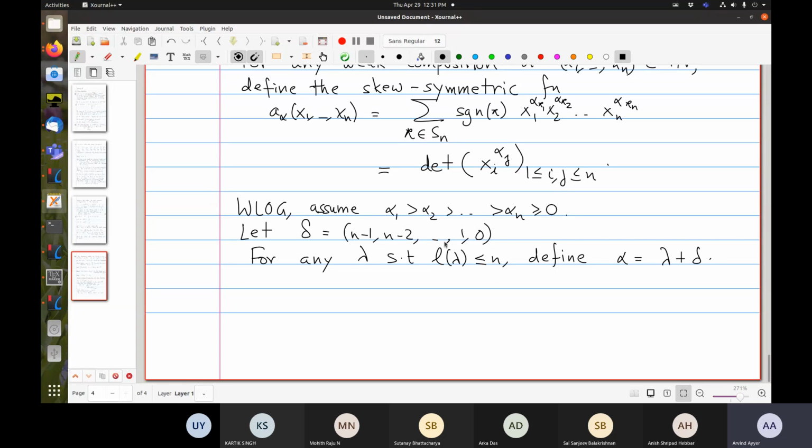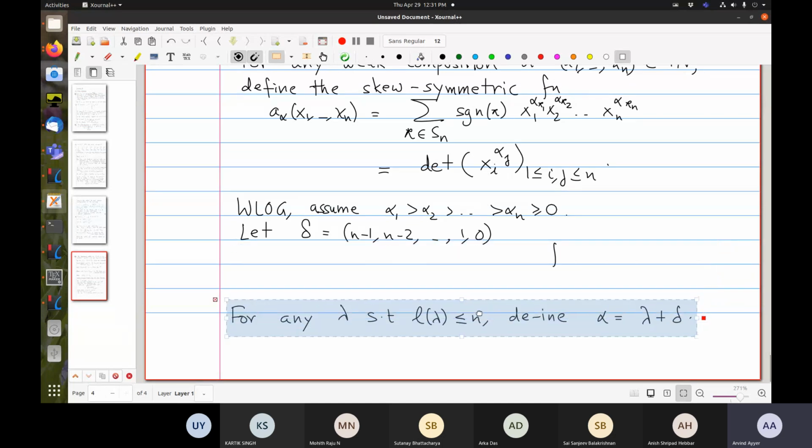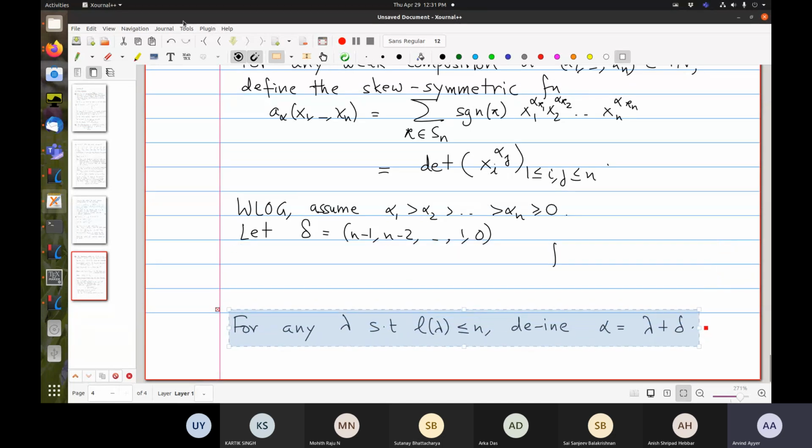Okay, so the first thing you notice, maybe I should define this later. Then what is A delta?